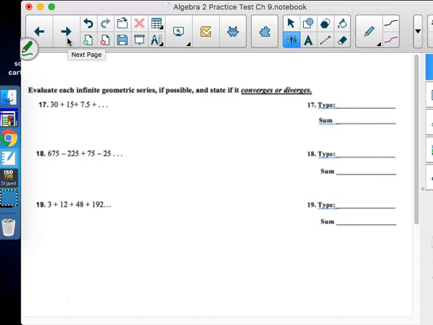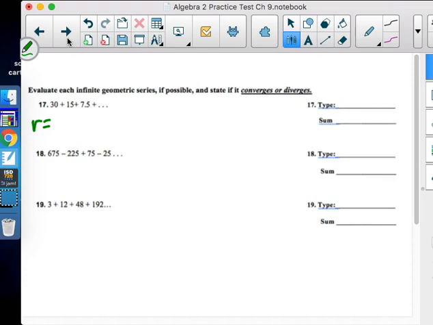Is it getting smaller and smaller? So what we really want to find is r. You remember how to get it? Take any term and divide it by the term before it.